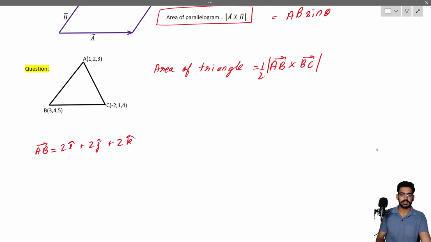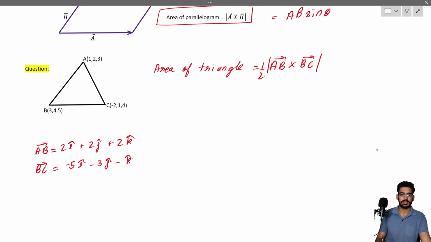This is my AB vector. Now what is next? The BC vector: minus 2 minus 3, so minus 5 i cap; 1 minus 4, minus 3 j cap; and 4 minus 5, that is minus k cap.